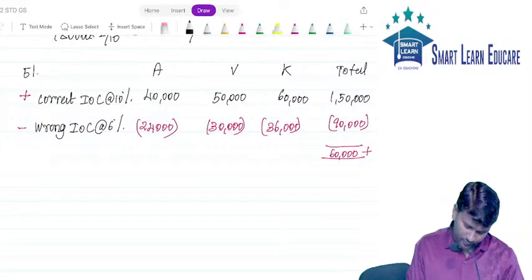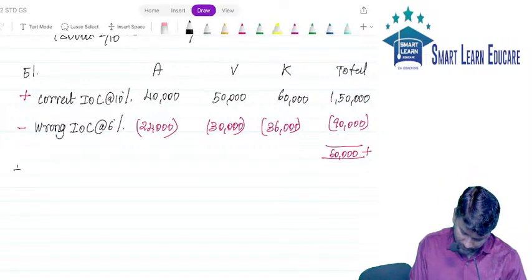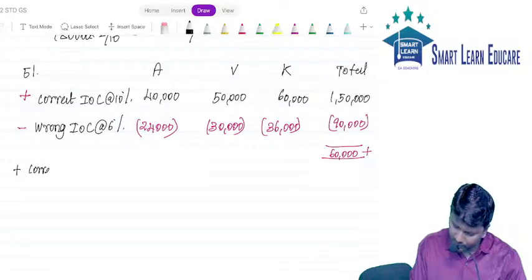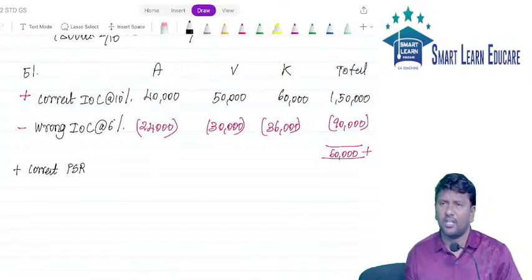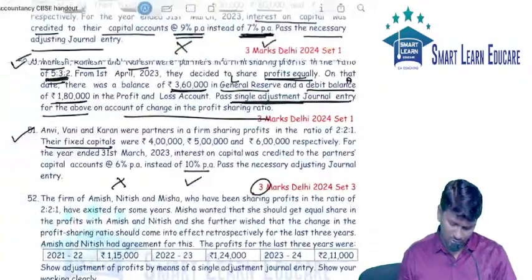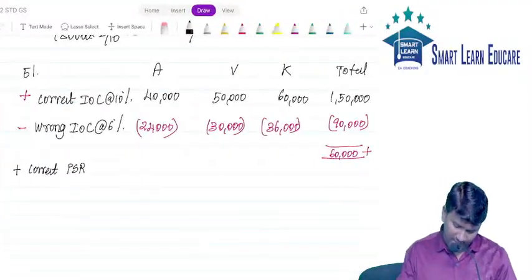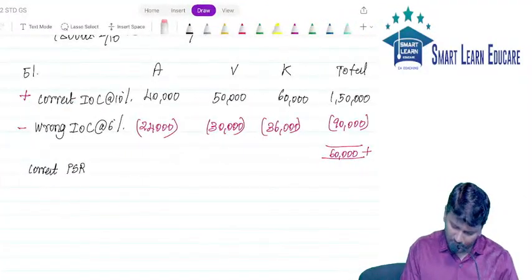Now add correct. What is the profit sharing ratio given in the question? This number should be subtracted.